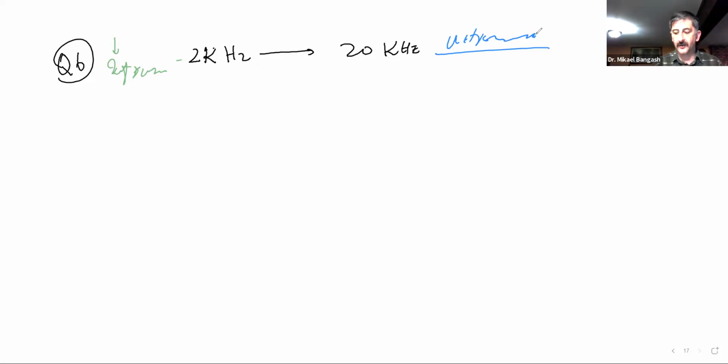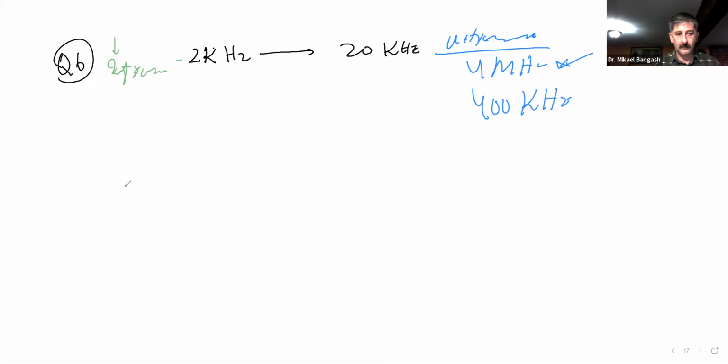Now let's look at the first option, 4 megahertz. It is greater than 20 kilohertz or 20,000 hertz, so this one is going to be inaudible. We can go on to the next one, 400 kilohertz. Of course that's going to fall here as well.